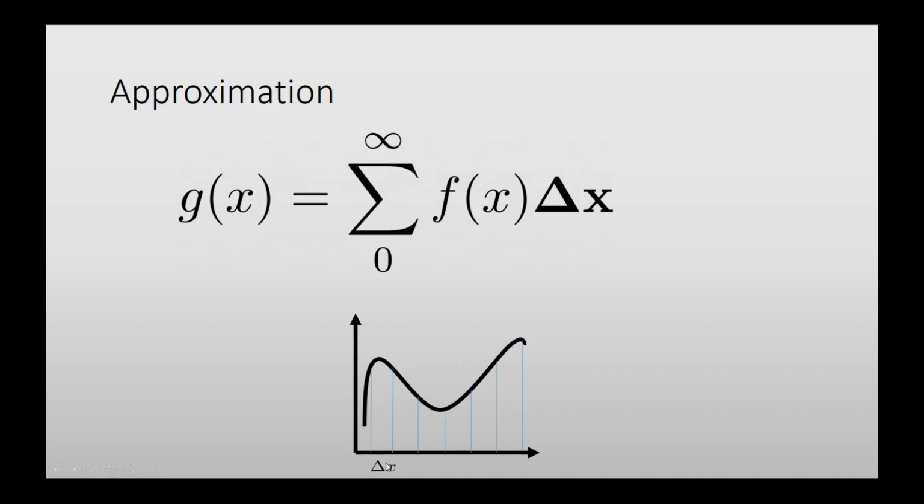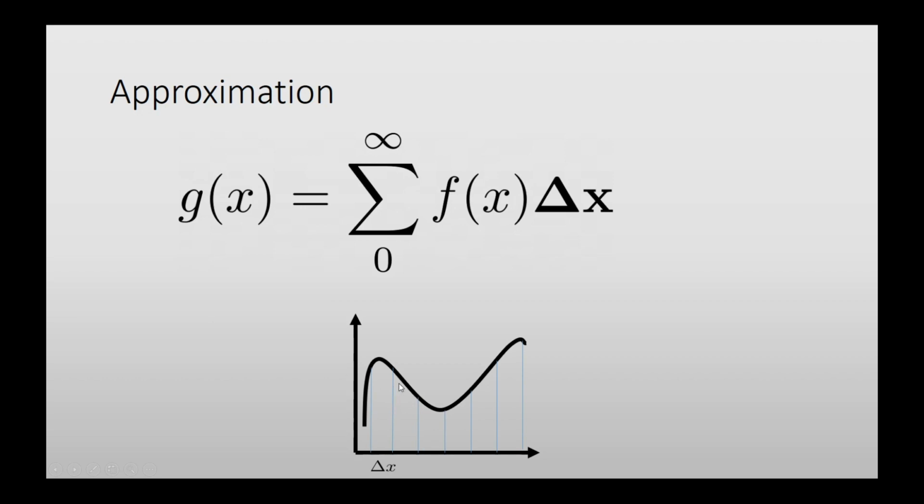The property of delta x is that it tends to 0, so you can evaluate the function there. To get the value of g of x, all you do is find the area of each rectangle and sum it up.